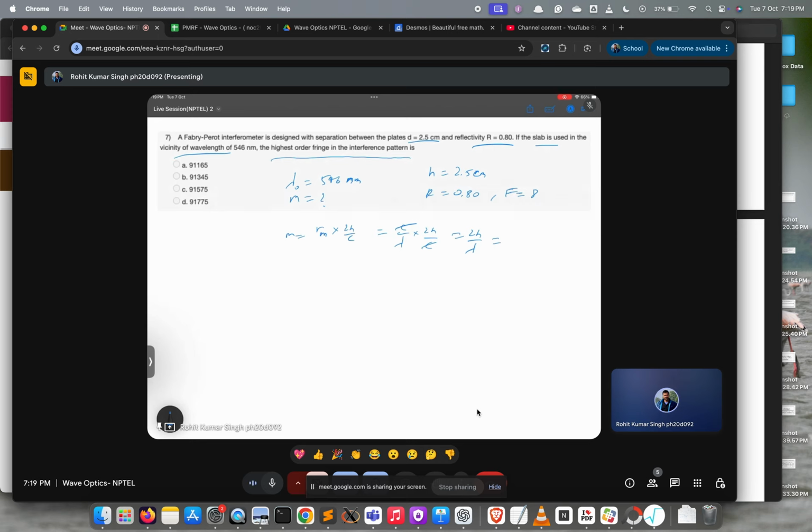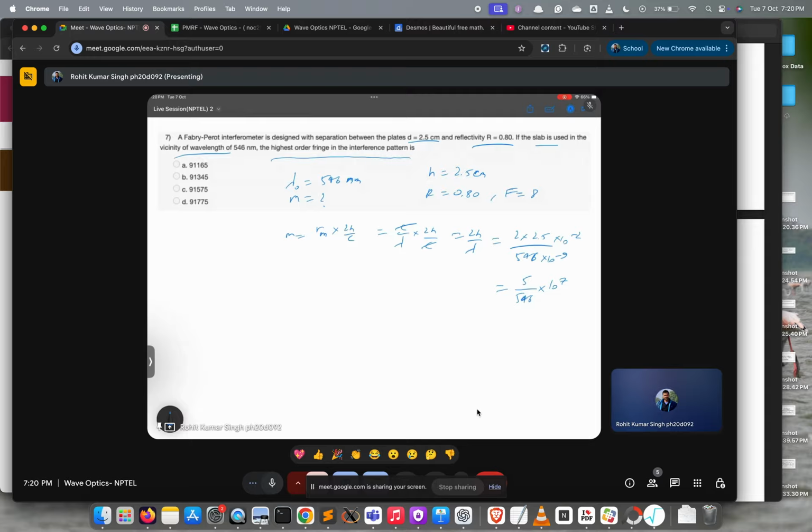For the fringe pattern, 2 into 2.5 divided by 546 into 10 to the power minus 9. This is 10 to the power minus 2, right? Can you quickly calculate it? 5 by 546 into 10 to the power 7.